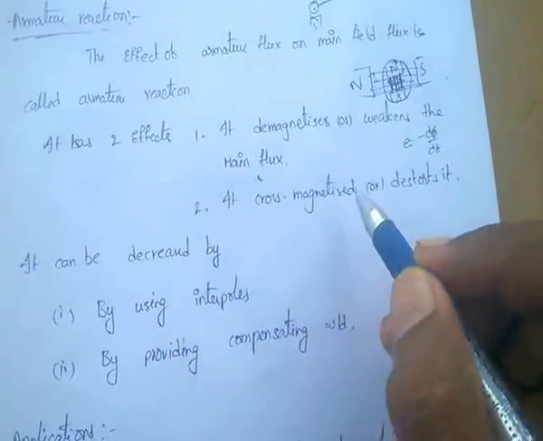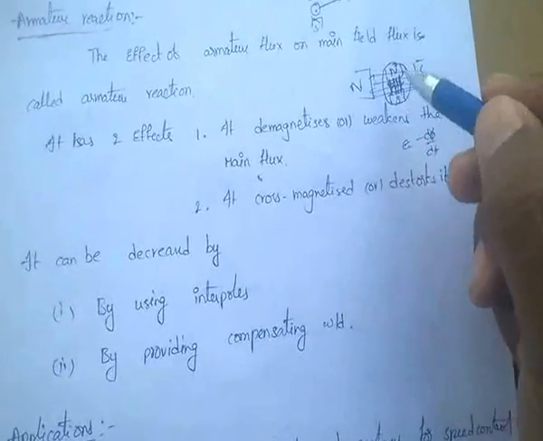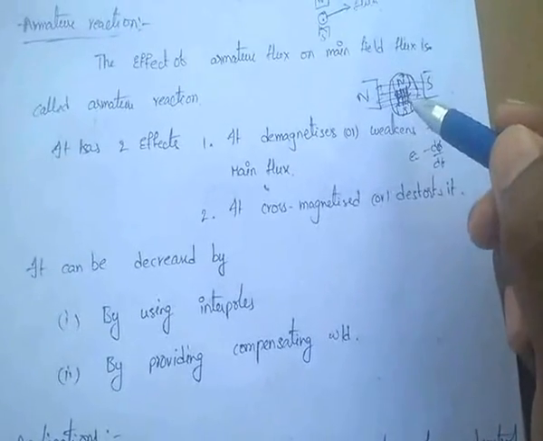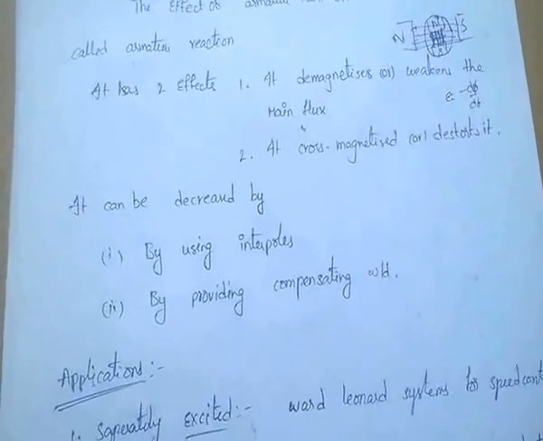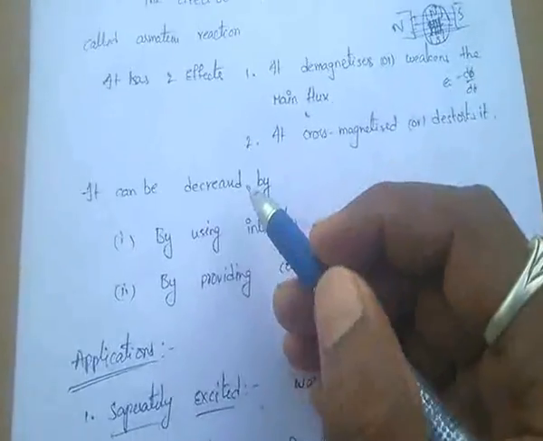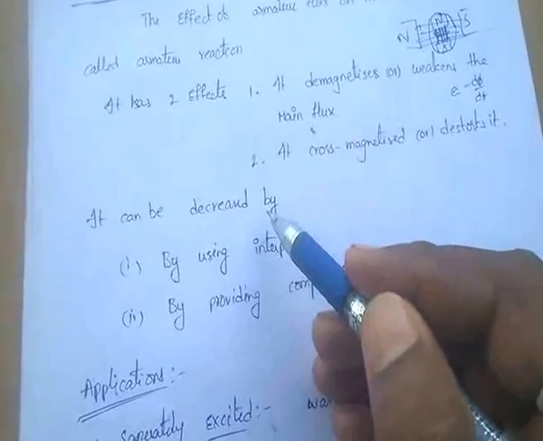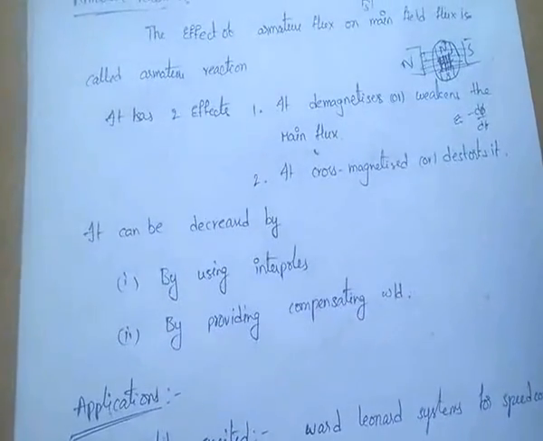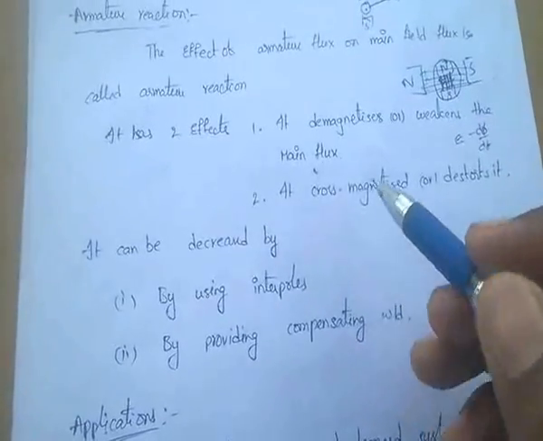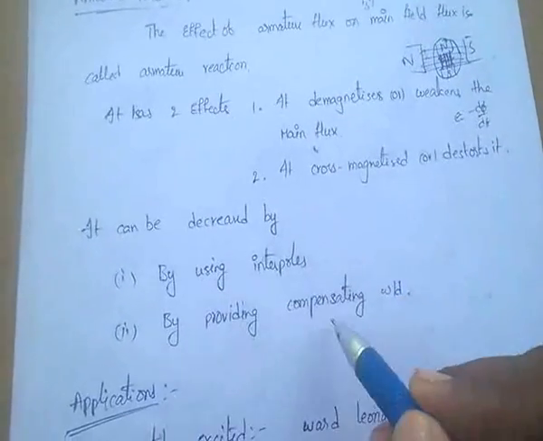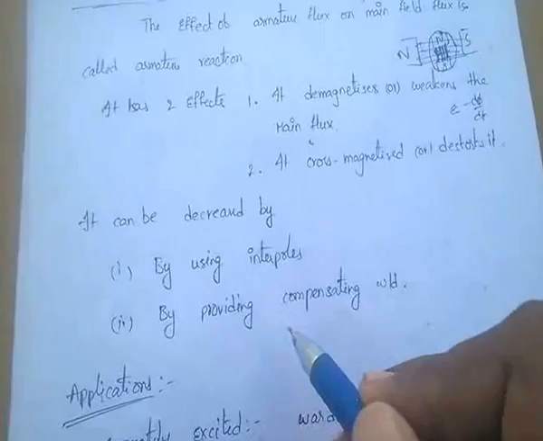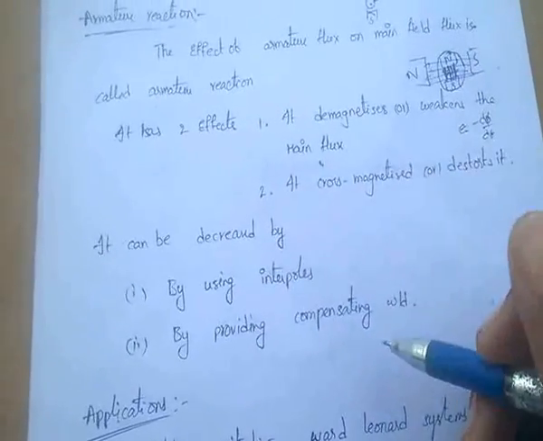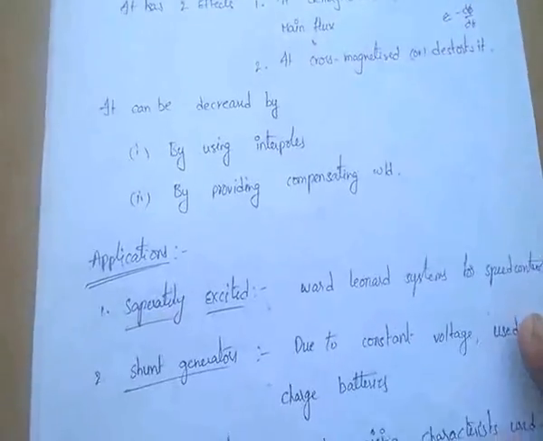And it cross magnetizes and distorts the main field flux. Armature reaction can be decreased, first, by using interpoles. Some extra poles are connected to reduce the armature reaction. Second, by providing compensating winding. The compensating winding is connected to the armature for reducing the armature reaction.